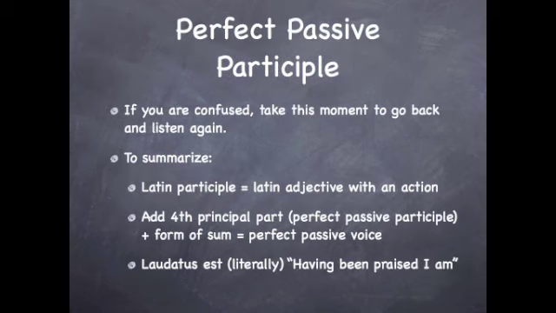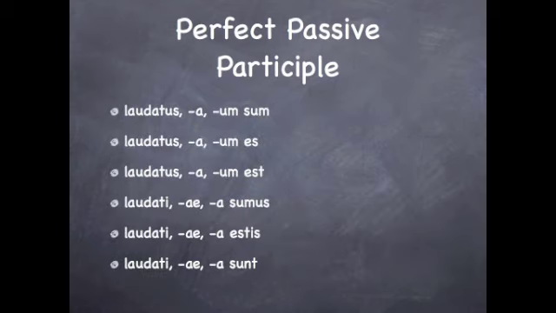So as you can see, this does make a basic kind of sense. The subject receives the action and the participle has to agree in case, in number, and in gender with the thing we're talking about. So if I were to conjugate the perfect passive voice, I would say laudatus, laudata, laudatum, sum, and I'll say laudatus from here on out, but you can presume I'm meaning laudatus, laudata, laudatum.